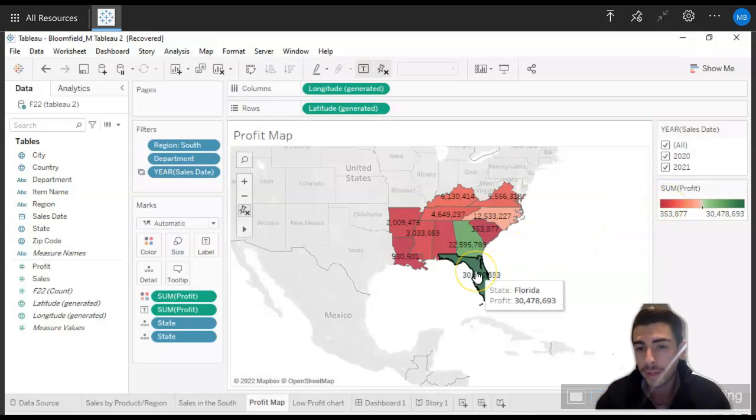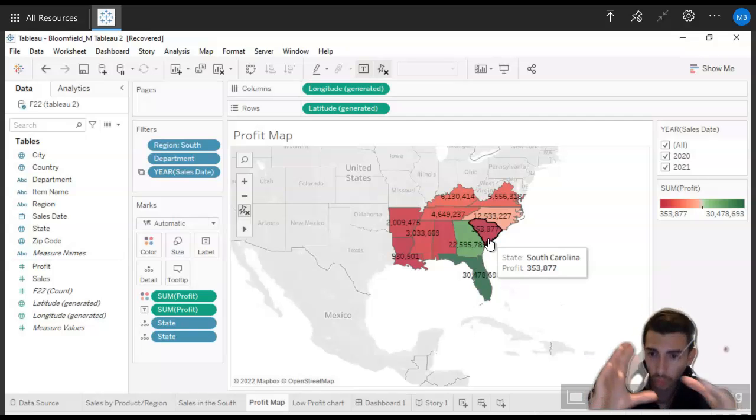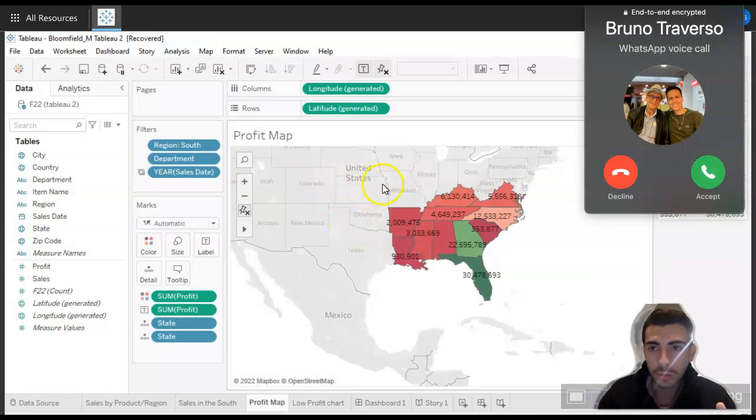So the most profitable place was the state of Florida with a profit of 30 million, and our least profitable state was South Carolina with only 353,000. I included the profit map because it gives you a better visualization on which places are more profitable.